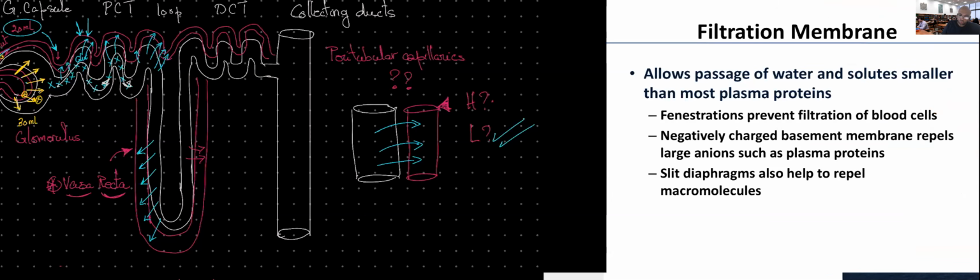Again, what will be allowed through the filtration membrane is simply everything except for blood cells. They are larger than the fenestrations. Plasma proteins, because they are positively charged, I'm sorry, I did mention it wrong.